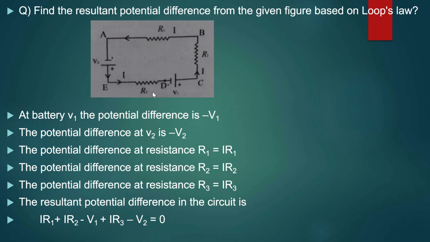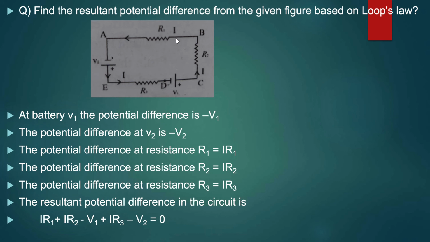Okay, and the potential difference across the resistors, this is your R1, this is R2, and this is R3. So the potential difference across R1 is IR1. Since this is a circuit which is in series, we will be having different potential differences. Okay, so the potential difference at resistance R1 is IR1. Current is the same through the circuit, children.